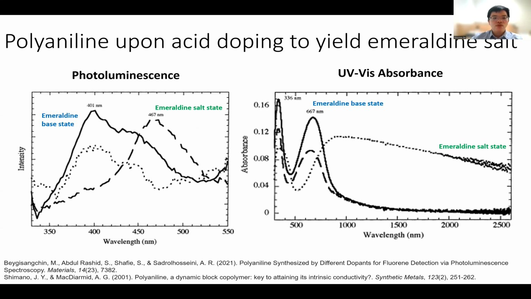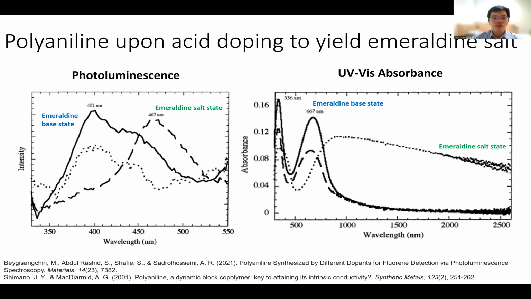When a form of polyaniline is doped from its emeraldine base state to its emeraldine salt state, the energy gap of the benzenoid pi-to-pi star transition decreases. This can be seen from the red shift of the minimum from 444 nanometers to 523 nanometers associated with the benzenoid pi-to-pi star absorbance in the UV spectrum.